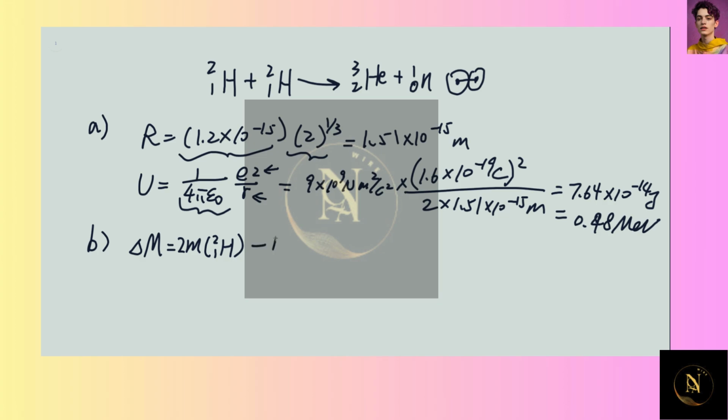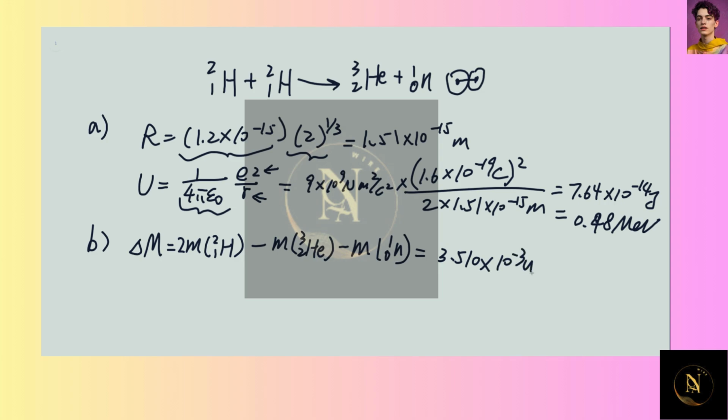So delta M is going to be 2 times the mass of hydrogen, subtract the mass of helium, and the mass of the neutron. This mass difference is going to be 3.510 times 10 to the negative 3 U.